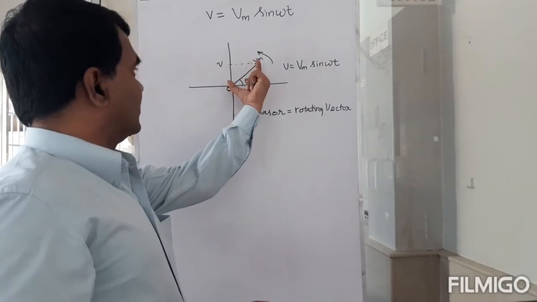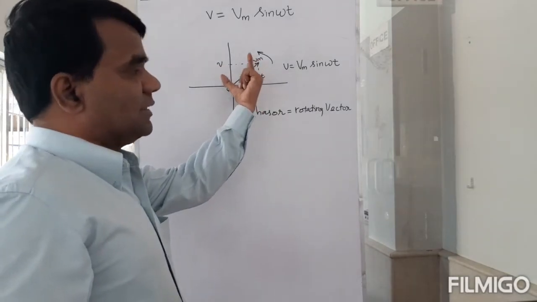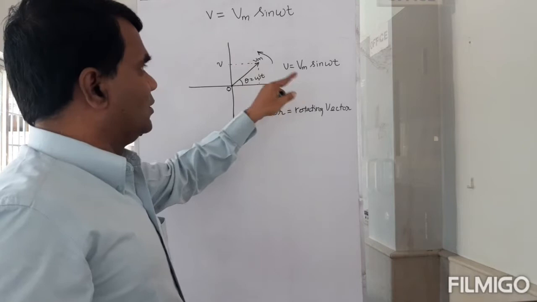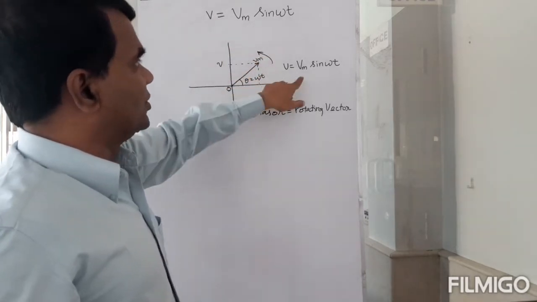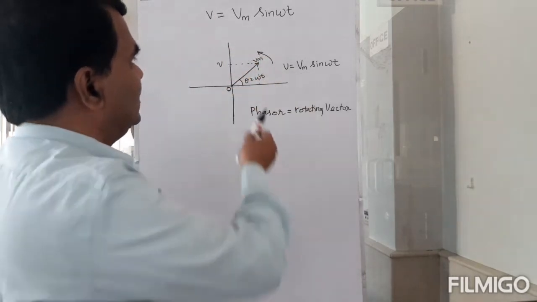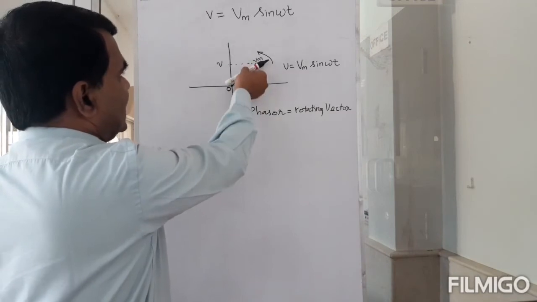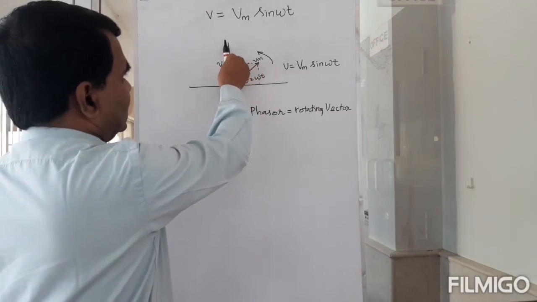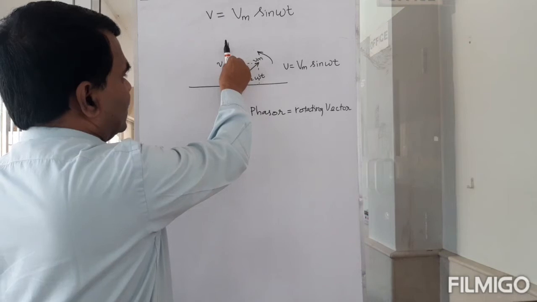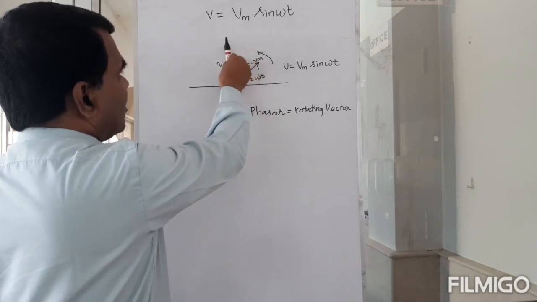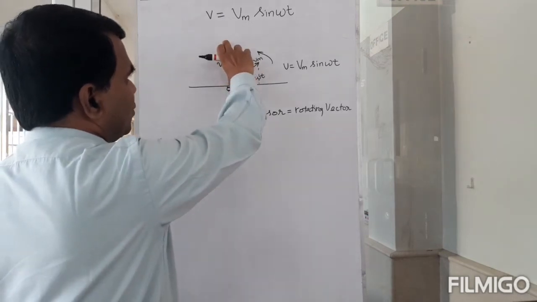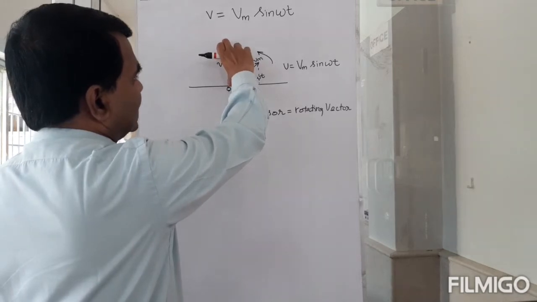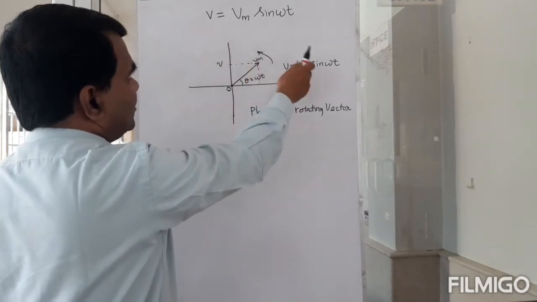And what is the length of that vector? The magnitude of that vector is equal to the amplitude of this function, which is the maximum value. So as it comes here at 90 degrees, you are going to have the longest projection on the y-axis. In that case, this V will be equal to Vm.